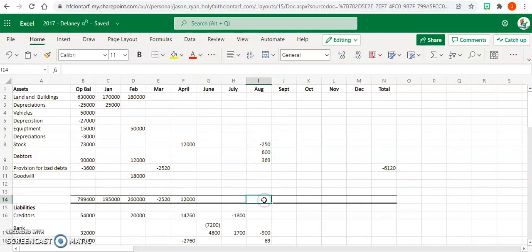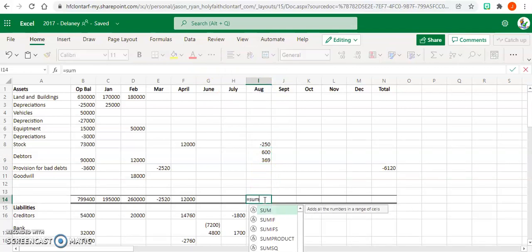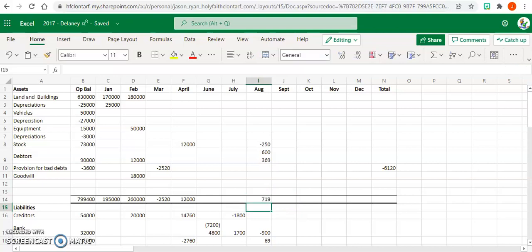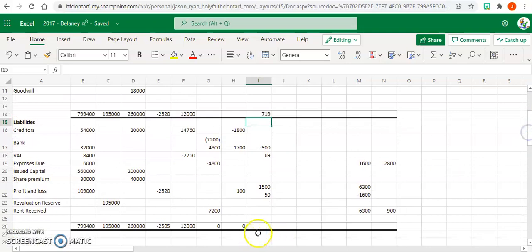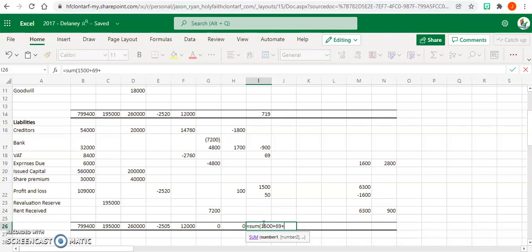Okay, so then we do a calculation then to see what our assets are. So you got 719 for our assets. I got 719 then for our liabilities.